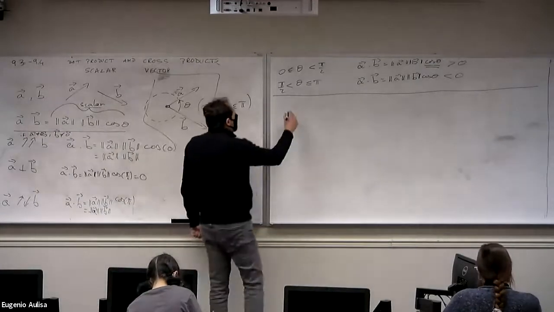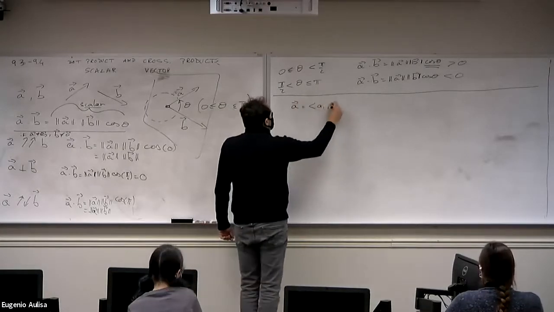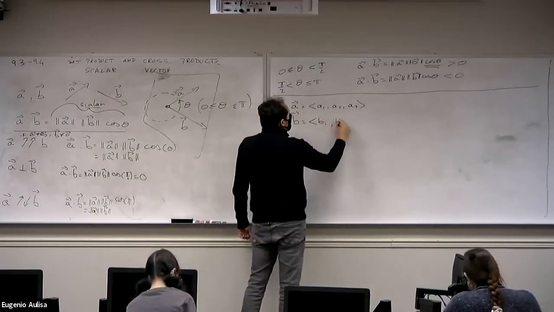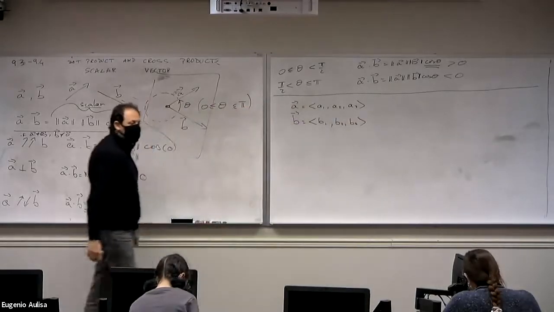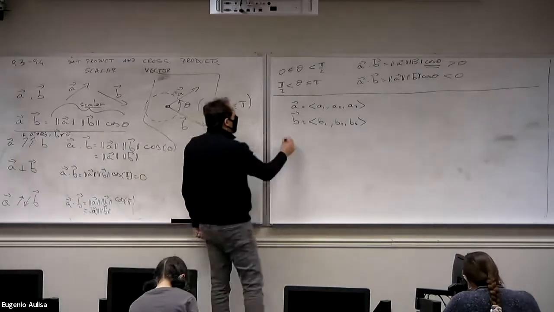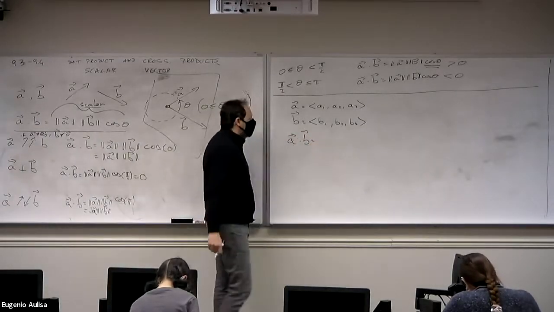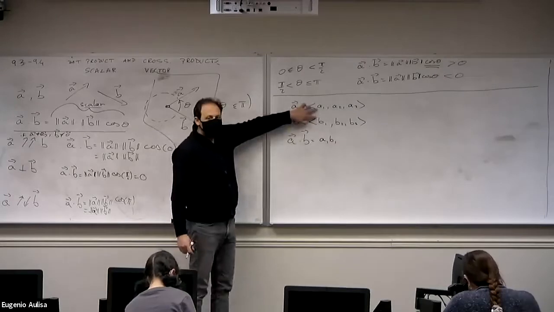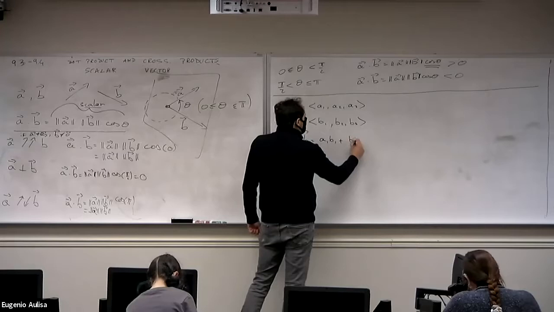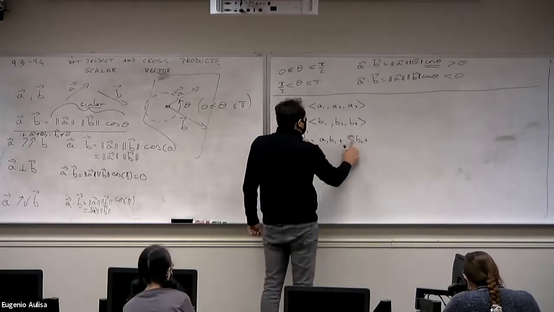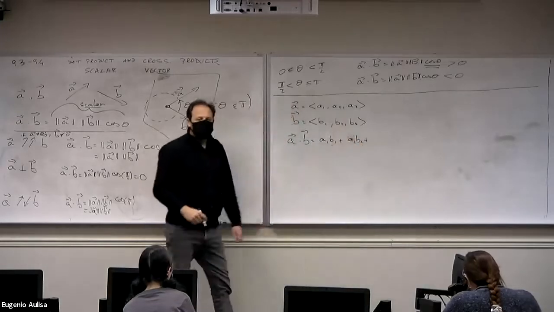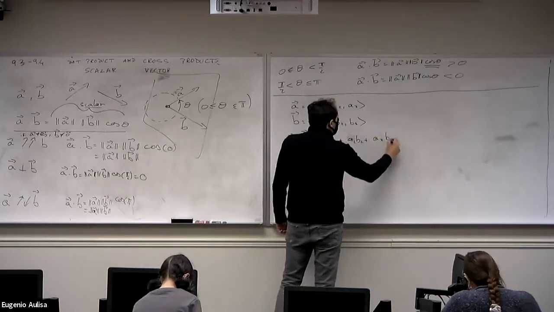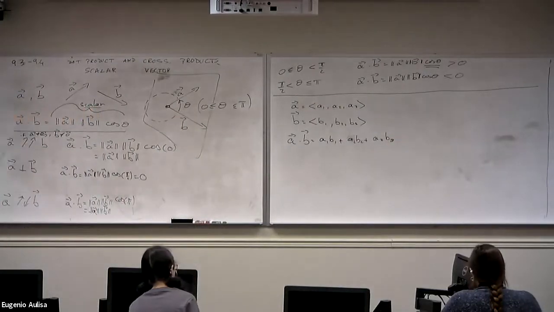Now, if the vector A is equal to A1, A2, A3, and the vector B is equal to B1, B2, B3, algebraically, you can prove that the dot product A dot B is equal to A1 B1, the product between the x components of the two vectors, plus A2 B2, the product between the y components, plus A3 B3, the product between the z components of the two vectors.